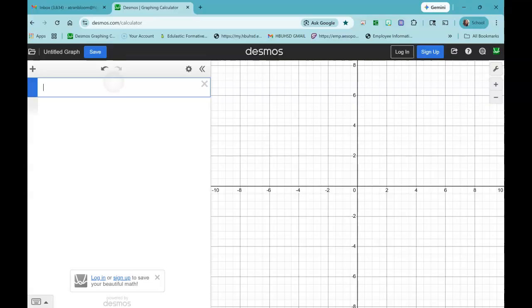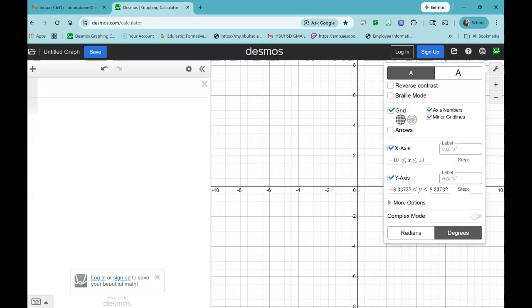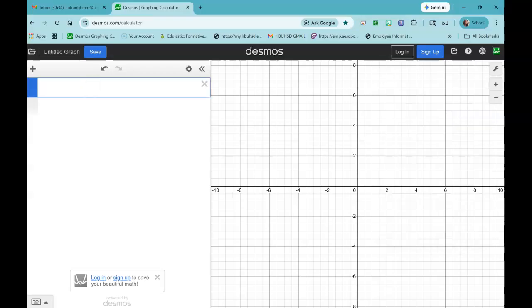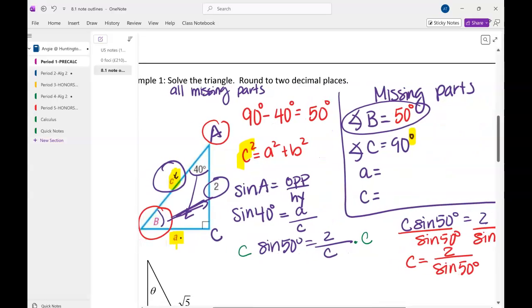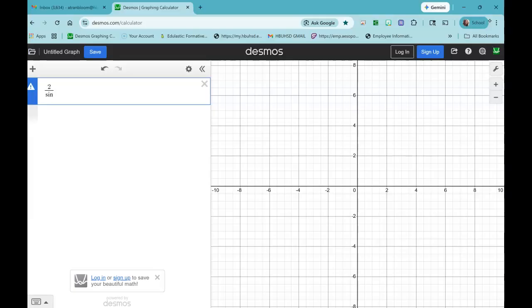Remember, when you're using decimal, first things first, make sure we're changing this to degrees, okay? So that means degrees is highlighted. We are going to use 2 divided by sine, and remember, it was sine of 50 degrees, right? So 2 divided by sine of 50. Because I'm in degrees, this is your decimal right here.